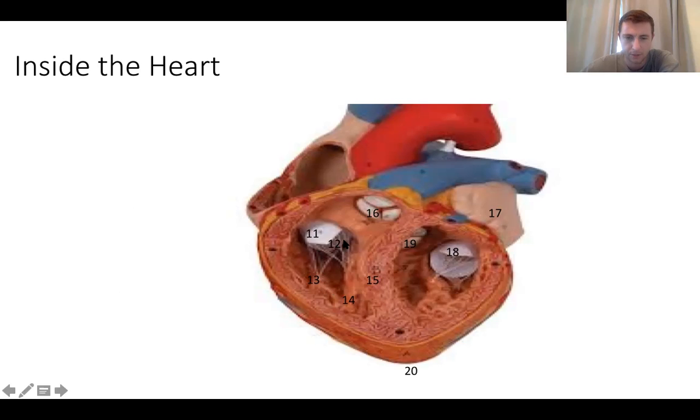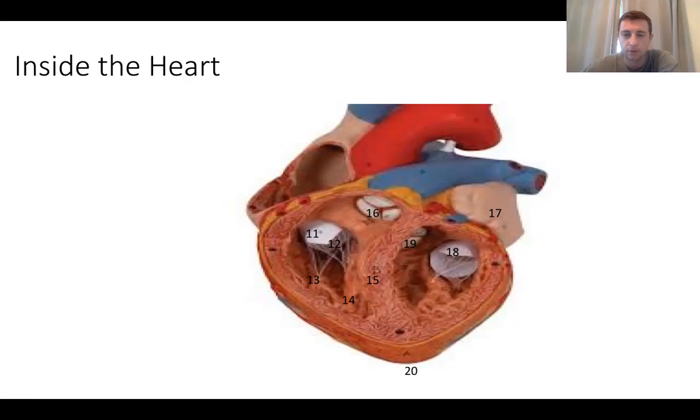So the chordae tendineae are attached by the papillary muscle, and the papillary muscle attaches to the trabeculae carneae.